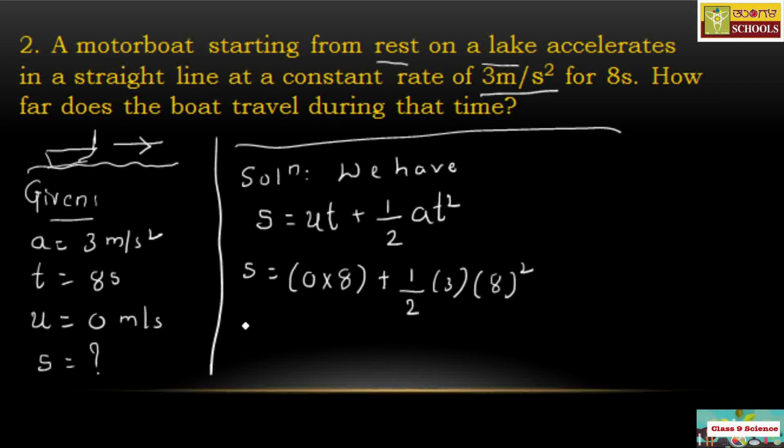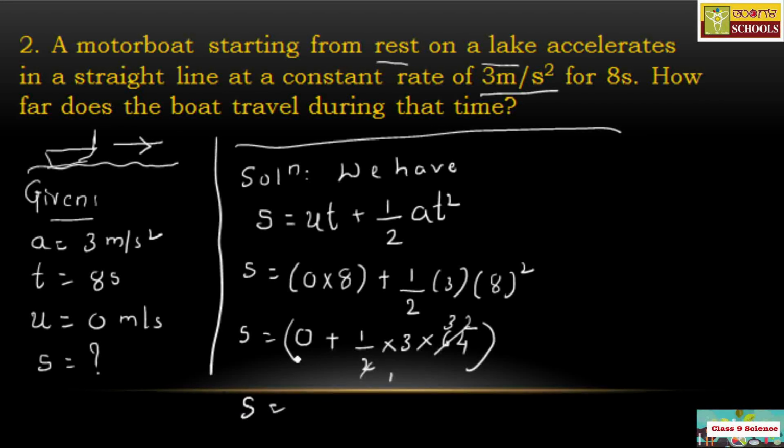S is equal to 0 into 8 means 0 plus half into 3 into 8 square. 8 square means it is 64. So 2 ones are, 2 threes are, 2 twos are, and hence you can write S is equal to, you just ignore this 0. What are you left with? 3 into 32.